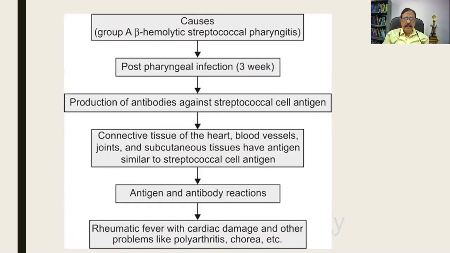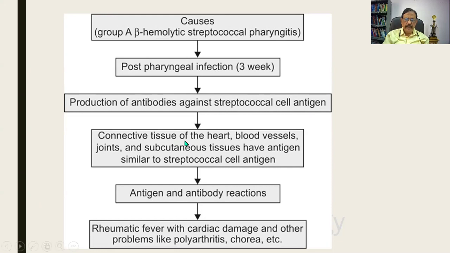The fundamental sequence of events, or the pathogenesis. It is caused by group A beta hemolytic streptococcus, which results in a pharyngitis, and after about 3 weeks of postpharyngeal infection, there is the production of the anti-streptococcal antibody.